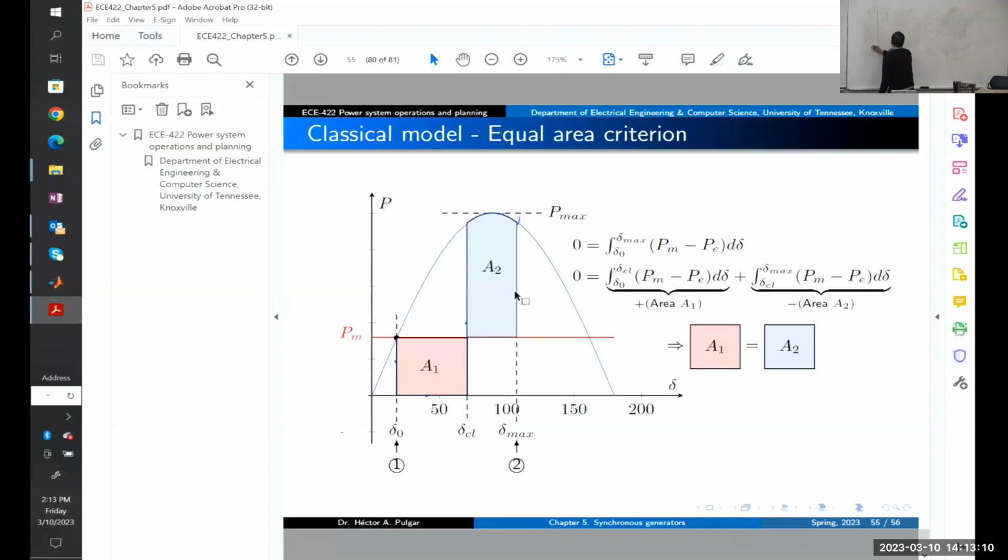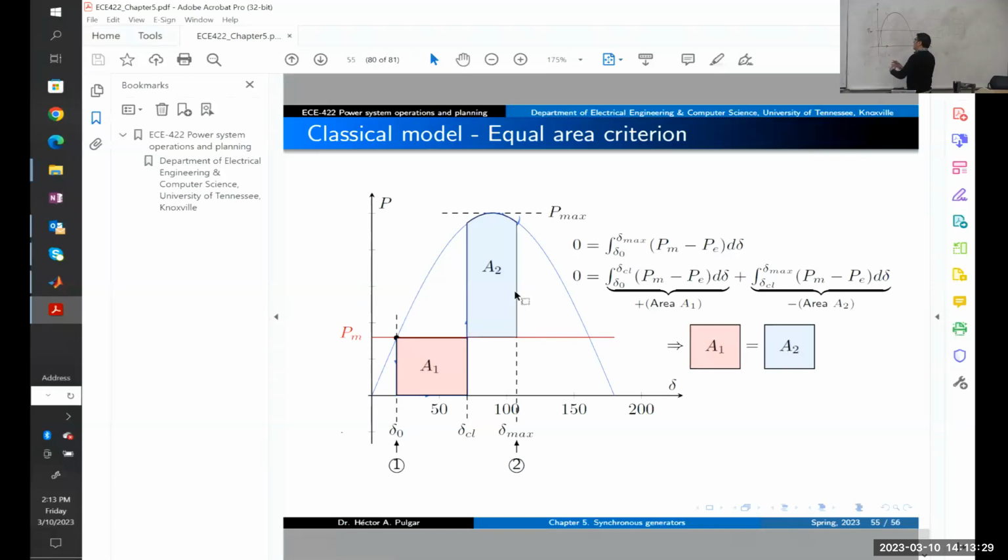So the extreme case, if this is the electrical power, and this is the mechanical power, and we have the equilibrium point here, and we have a short circuit, so the angle increases.